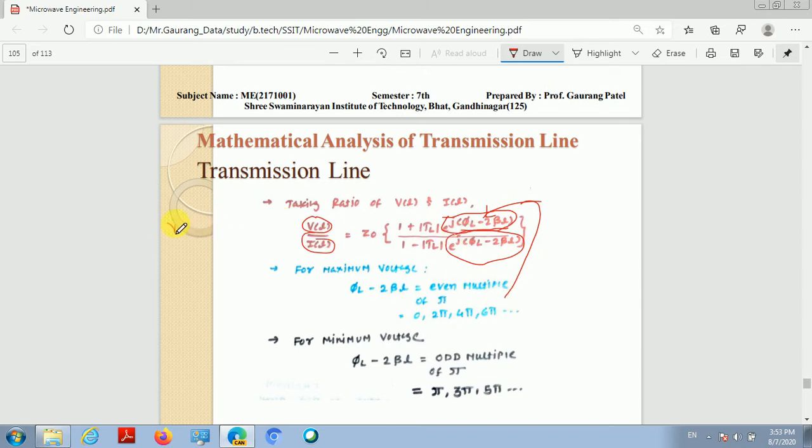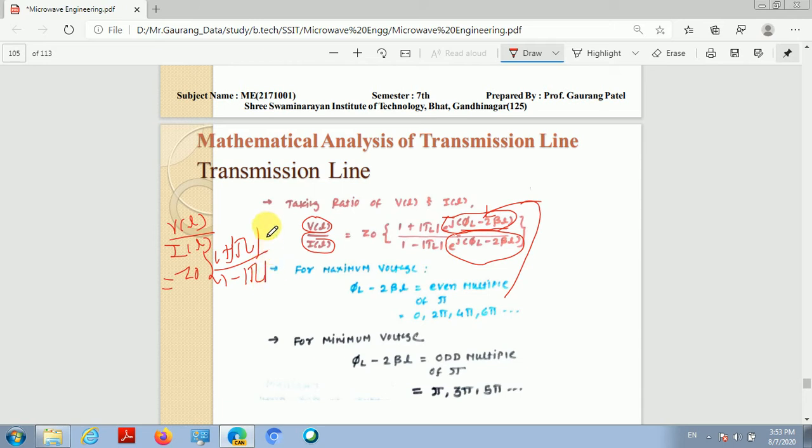So when the phase is an even multiple of pi, at that location this expression results in V of L divided by I of L equal to Z0 (1 plus mod gamma L) divided by (1 minus mod gamma L).